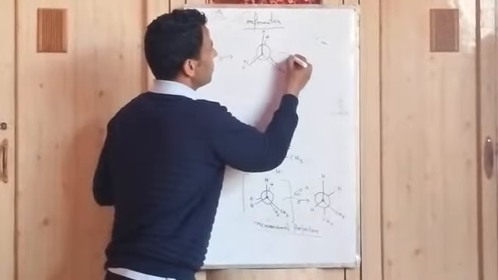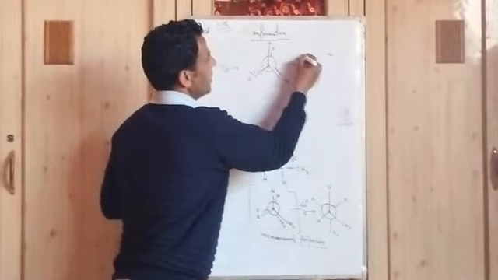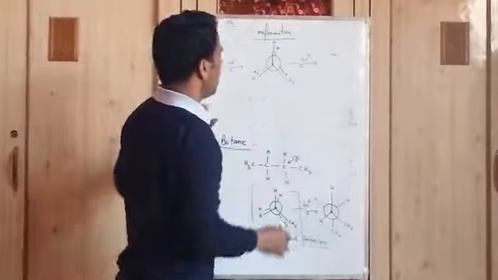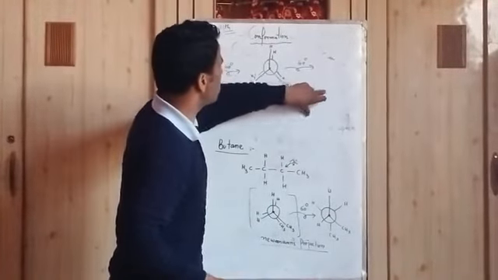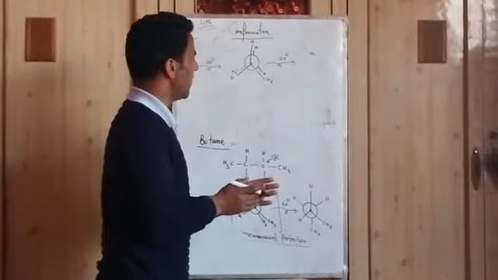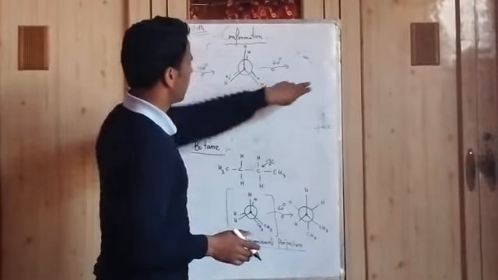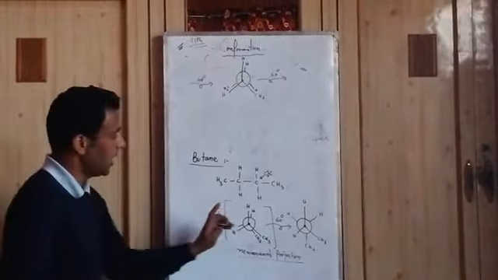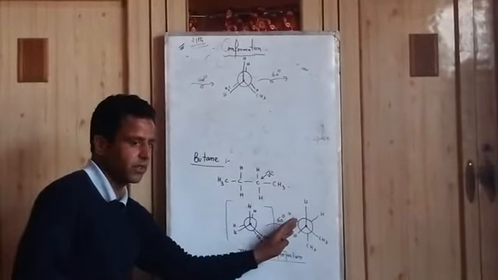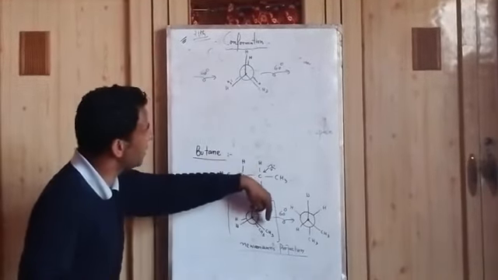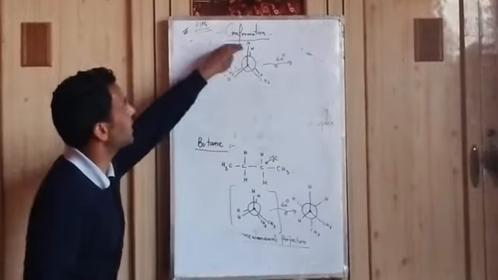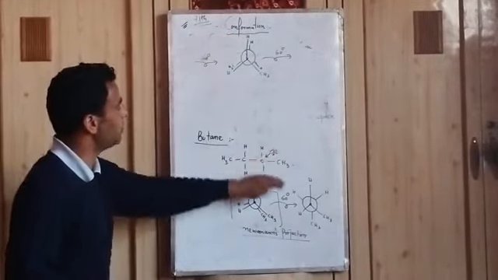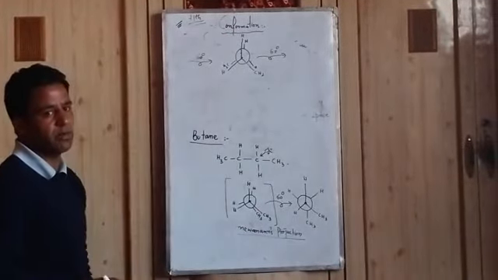Similarly, we can rotate it 60 degrees more. So on every rotation, we get different structures. That's why we say infinite structures of a compound are formed when we rotate it. These structures formed are called conformers, and the process is called conformation.